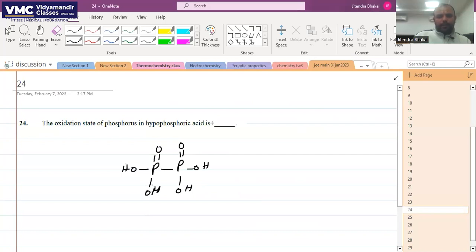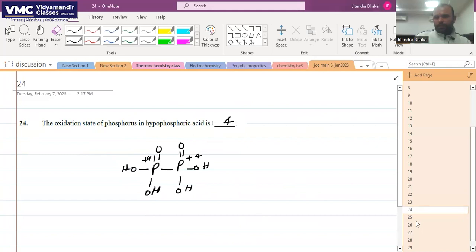Now we can easily calculate the oxidation state of phosphorus here. Now phosphorus is attached with this oxygen with double bond, and here single bond and single bond. So overall oxidation state of this phosphorus is +4, and this phosphorus is also +4. So answer is 4 in this question.